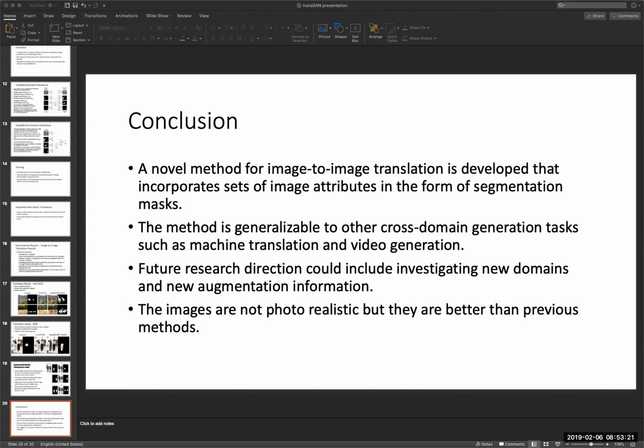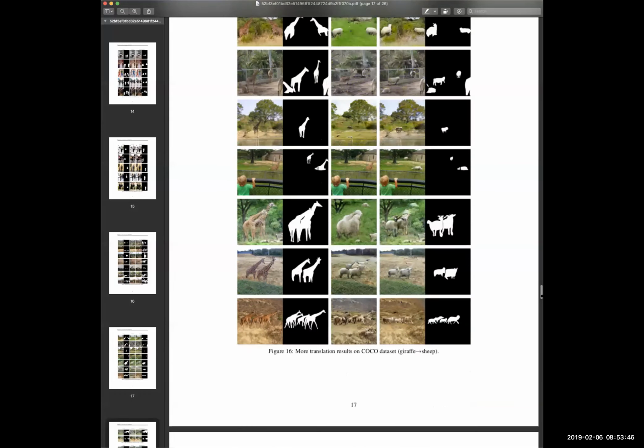The paper itself has many, many more examples of these translations. I can briefly bring those up. Let's see. So here's the full paper.